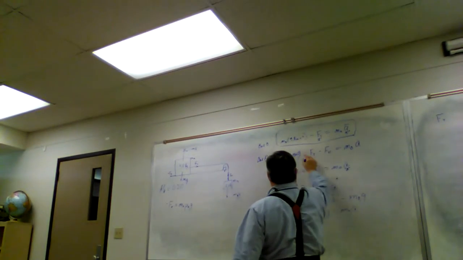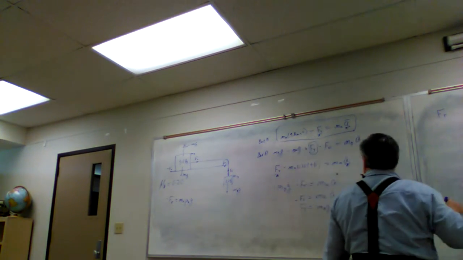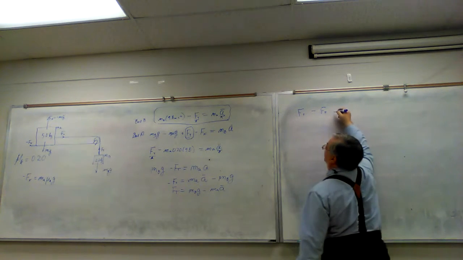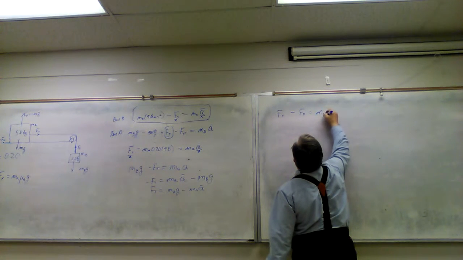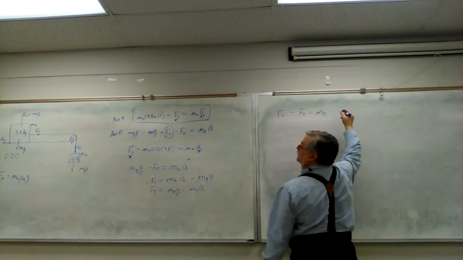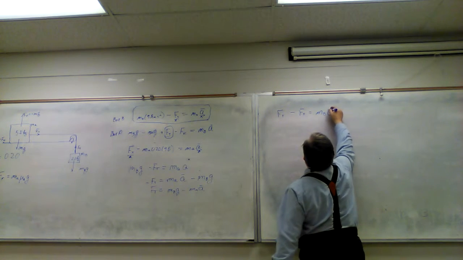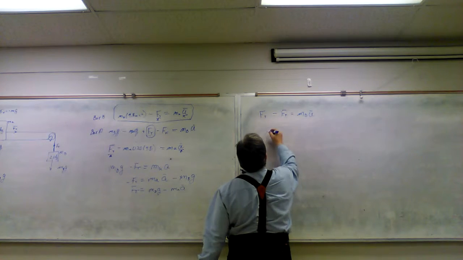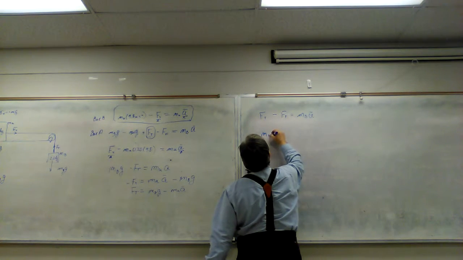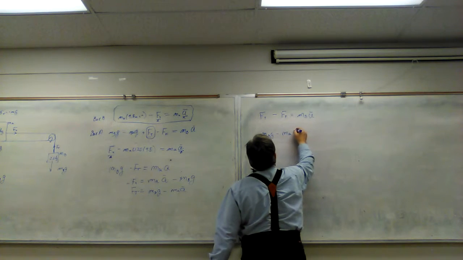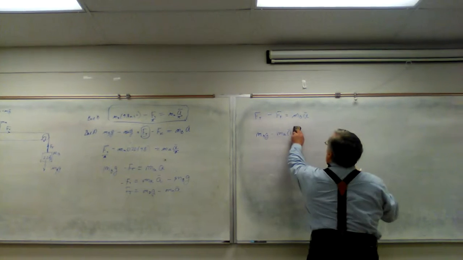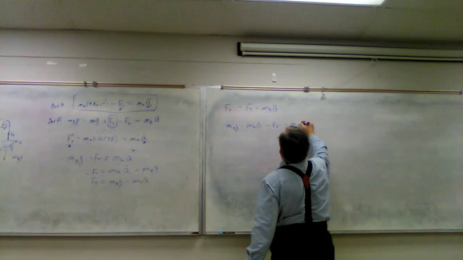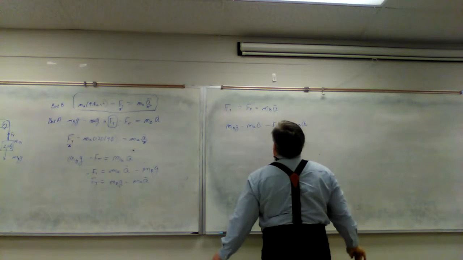Now we will substitute that force of tension into the box A equation, which is force of tension minus the force of friction is equal to mass B, the big box, times A. And force of tension we now write as mass B G minus mass A A. And from that we subtract the force due to friction, and that will give us mass B times A.